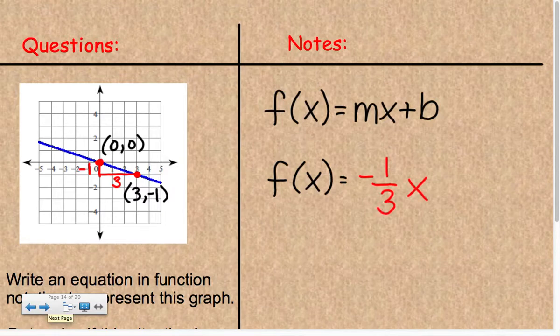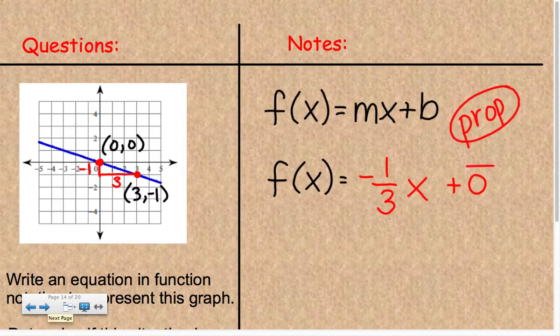Then I look for where my line crosses the y-axis. It crosses it at 0. Now I have to figure out if it's proportional or non-proportional. Well, if my graph goes through (0, 0), which it does, it is proportional. I can also tell by my y-intercept. If my y-intercept is 0, that's also how I can tell it's proportional.